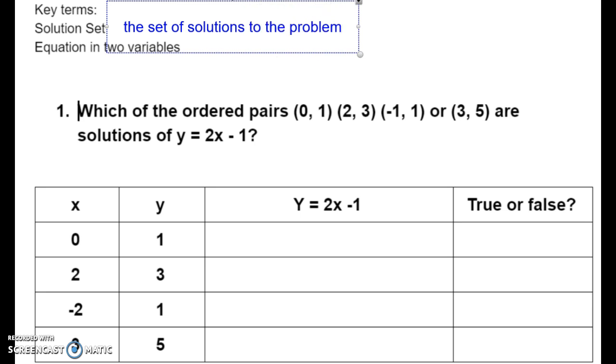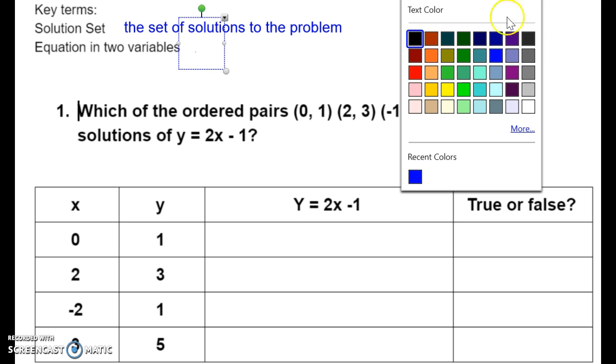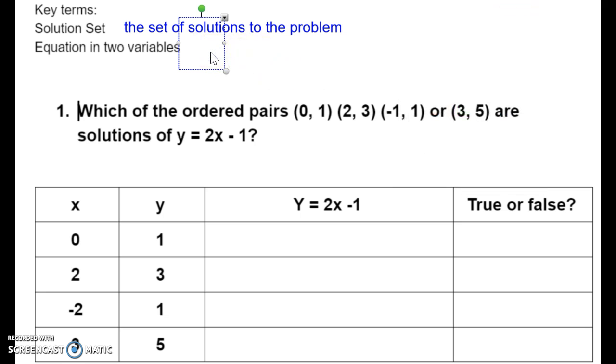And for equation in two variables, I'm just going to give you an example of that. You're looking at basically an equation that has two variables. So let's just put an example down and let's write, y equals 4.2x. That's all that means, is that you have two variables in an equation.